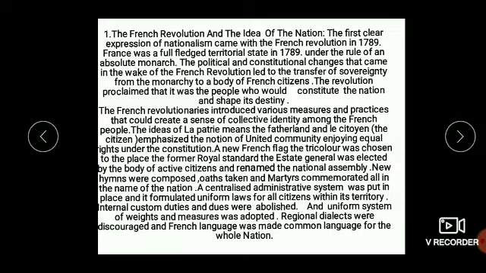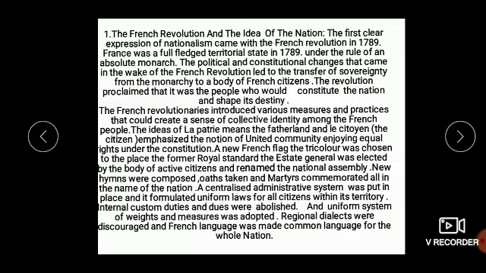New hymns were composed, oaths taken, and martyrs commemorated. Here, martyrs commemorated means martyrs had been given homage, those who had sacrificed their life in the struggle, all in the name of the nation. A centralized administrative system was put in place and it formulated uniform laws for all citizens within its territory.